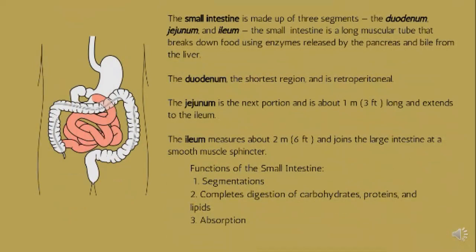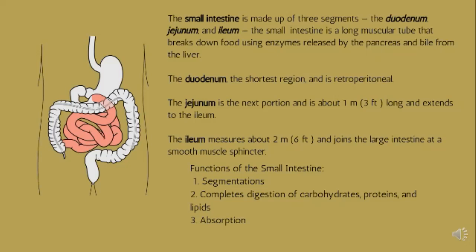It is the shortest region and it starts at the pyloric sphincter of the stomach and is in the form of a C-shaped tube. Duodenum means 12. It is so named because it is about as long as the width of 12 fingers.